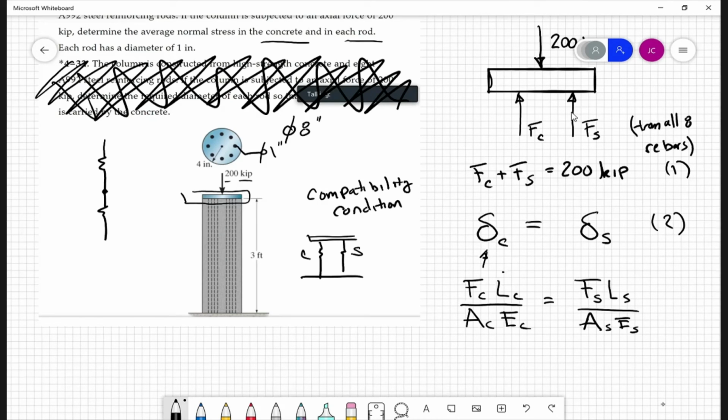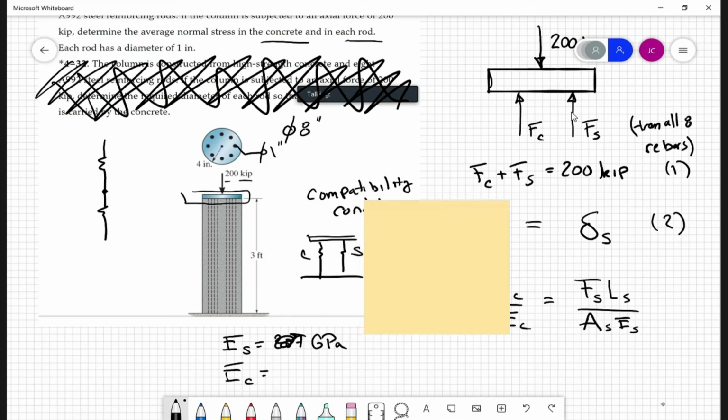The lengths are the same, so they'll cancel out, but the areas are different. In this problem, let's say that E for steel is 207 gigapascals. And the E for the concrete is, where did I say? Oh, wait, I'm sorry. We're not in metric, we're in imperial units, so let's fix that. What is going on here?